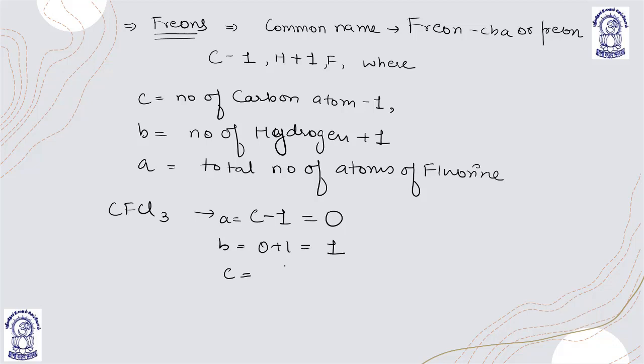And C, the total number of atoms of fluorine, is 1. So if we write C, B, A, it will be 1, 1, 0. So it is written as Freon 11. This is the nomenclature, okay?